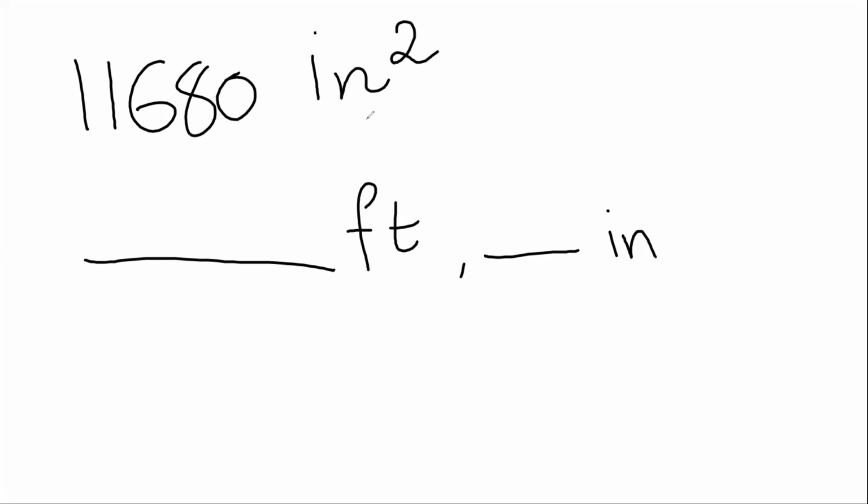So what do you have to do now? It is in feet and inches. You have to tell me the answer. The first step, you will divide. Give me 1 minute, please.